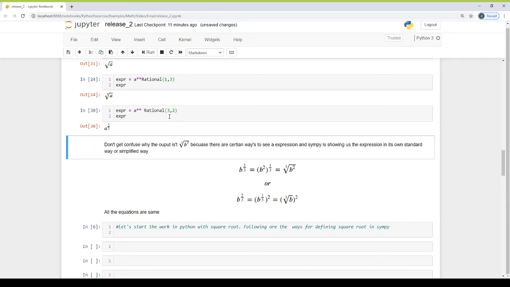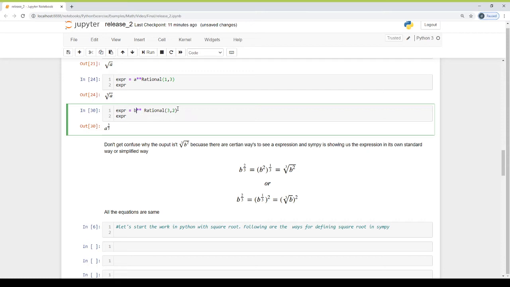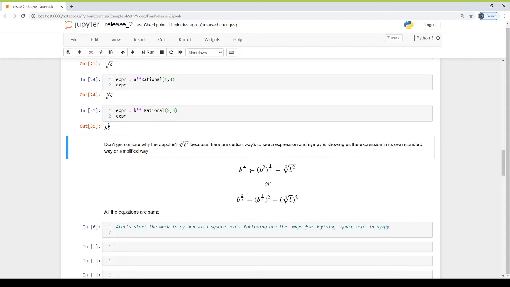For example, b raised to 2 by 3 can be written as b square and then raised to the power 1 by 3, or equal to b square then the cube root of it, or b raised to power 1 by 3 then raised to power 2, or cube root of b raised to power square. All expressions are the same.